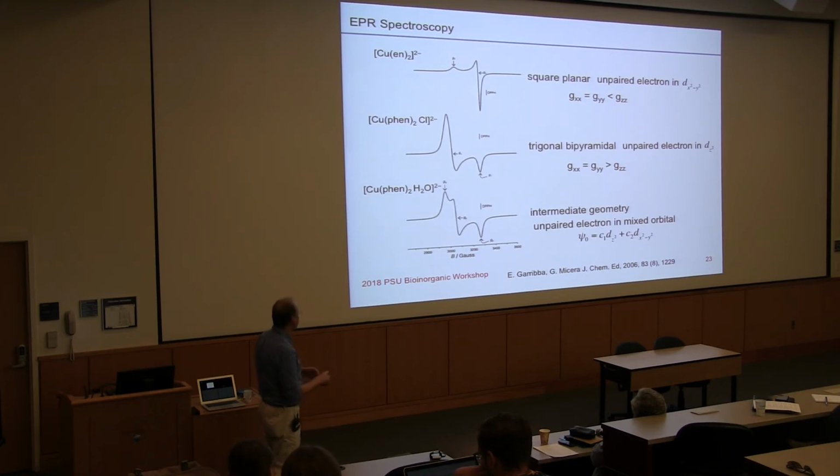And then if we've got some kind of intermediate geometry, then the unpaired electron will be in some mixture of these two orbitals, and so we would wind up with a rhombic spectrum. And this correlates very well with the known geometries, right? So if we take ethylene diamine, we get a square planar complex, and we get this line shape. If we use phenanthroline with a chlorine, we get this trigonal bipyramidal structure, and the shape of the spectrum matches really well with that.